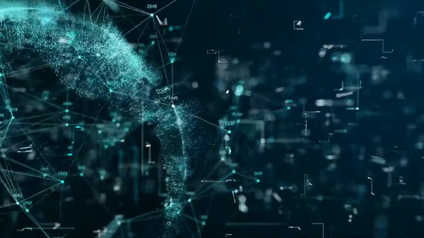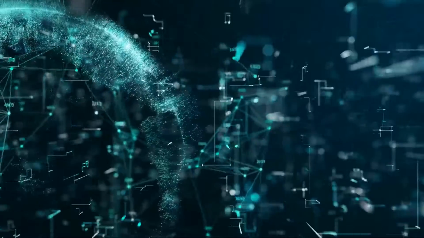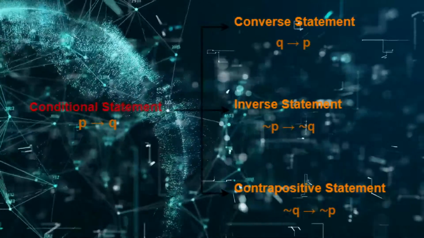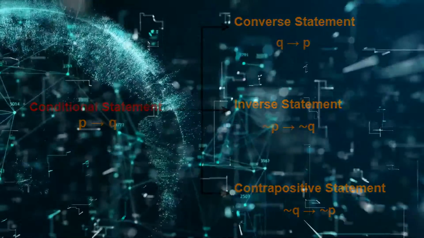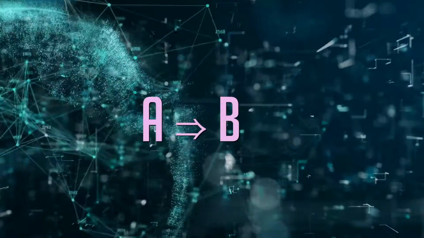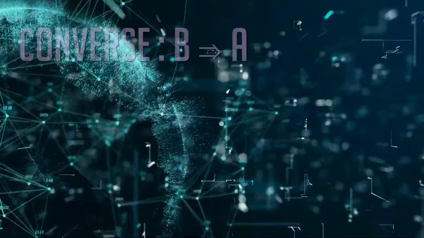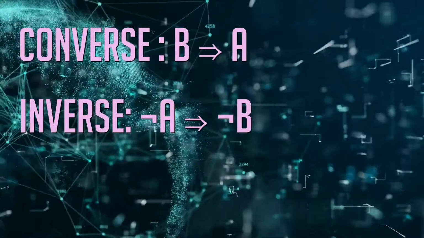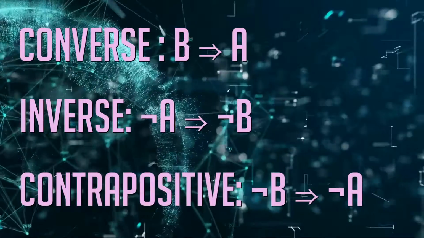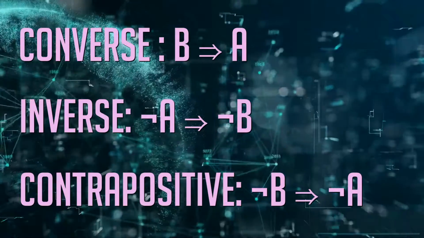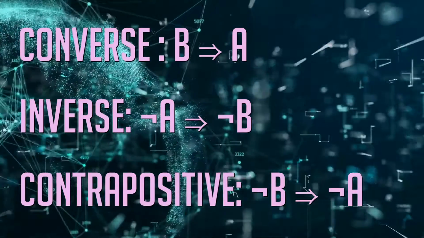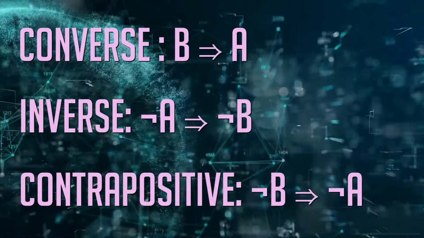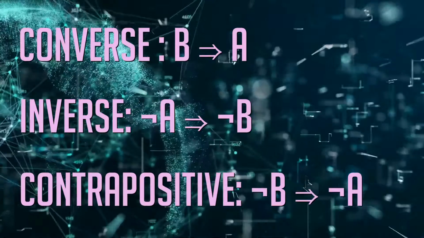When given an implication statement, we can extract 3 different statements from it, known as the converse, inverse, and contrapositive, as expressed here. If the statement is if A then B, its converse is if B then A, its inverse is if not A then not B, and its contrapositive is if not B, then not A. It is important to realize that a statement being true does not imply that its converse or inverse are true, but it does imply that its contrapositive is true.